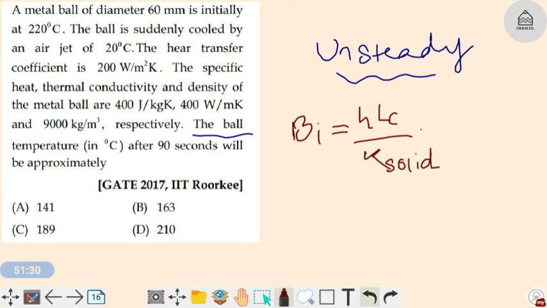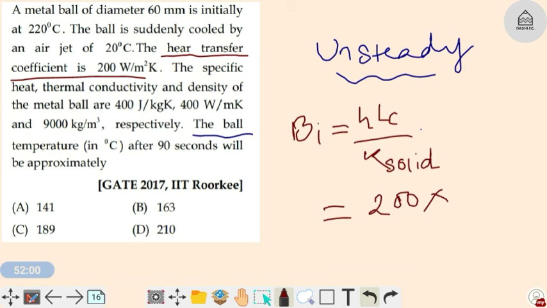So what is h? h must have been given. Heat transfer coefficient here, h is given 200. L_c, the characteristic length of the sphere, that is the diameter only.